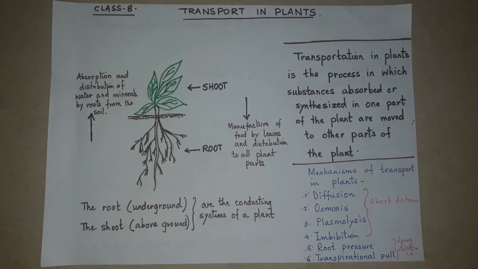Okay. Now, there are certain mechanisms which help in the transportation of food, water and mineral nutrients. What are those? Diffusion, osmosis, plasmolysis, imbibition, root pressure and transpirational pull.